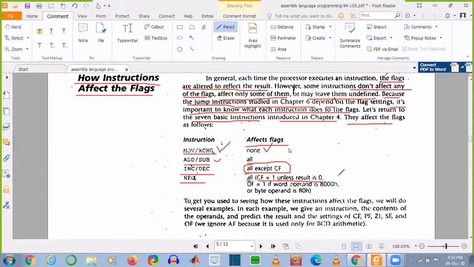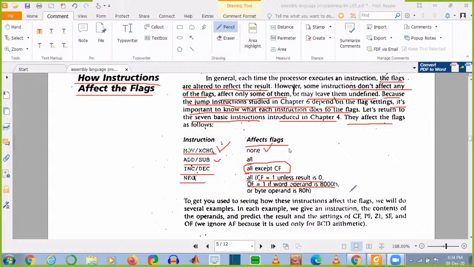And similarly, you can see OF equals 1 if the word operand is 8000 hex. What is OF? The overflow flag.